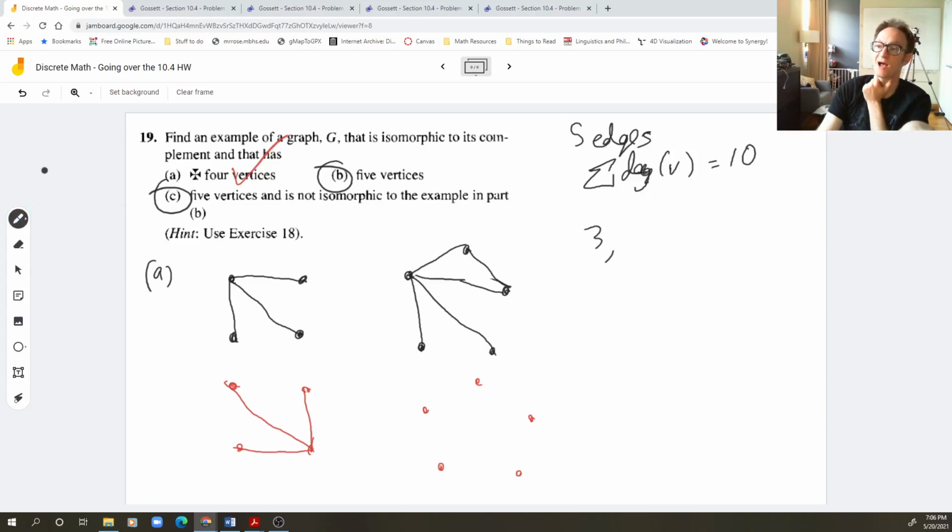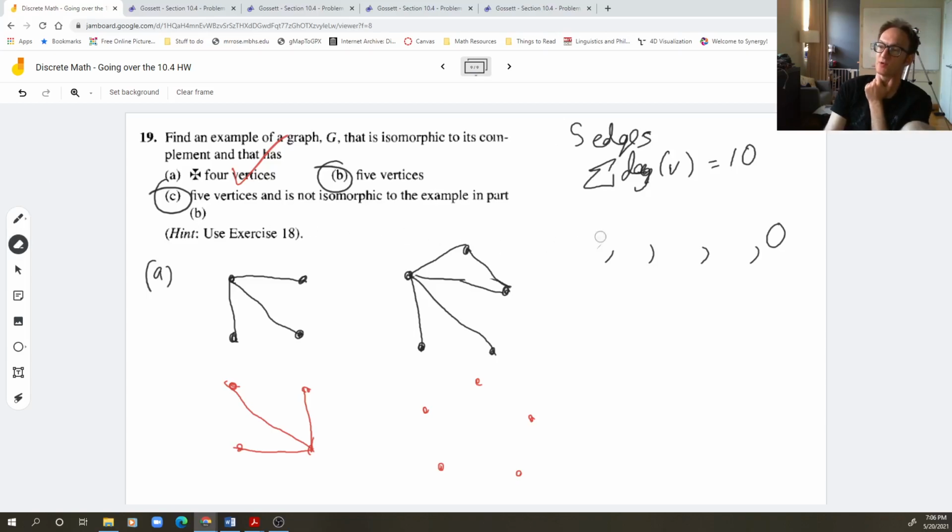If it's a simple graph, then if that's 3, then that has to be 0. Because if there's a vertex of degree 3, then there has to be, what did I say?